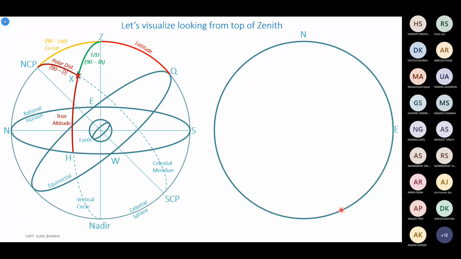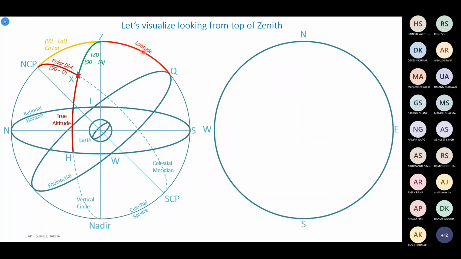If you go exactly opposite to the north point, you will have the south point, represented by S in our rational horizon diagram. And if you go 90 degrees to the left of north, you will have the west point, represented by W here. So all these 4 points, N, E, S, W, are represented on the plane of the rational horizon.